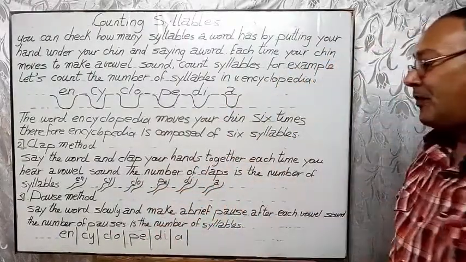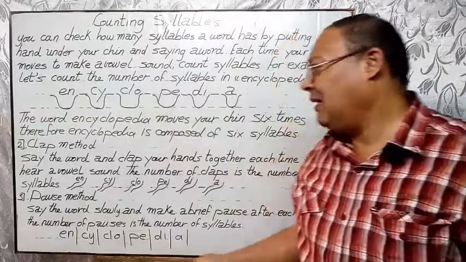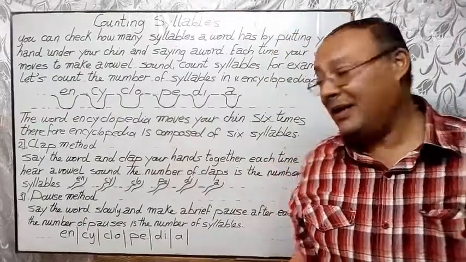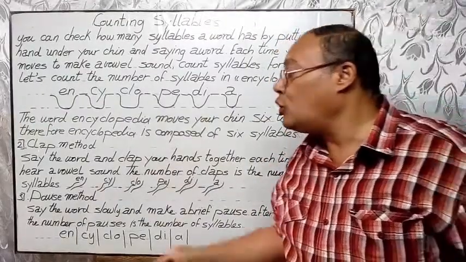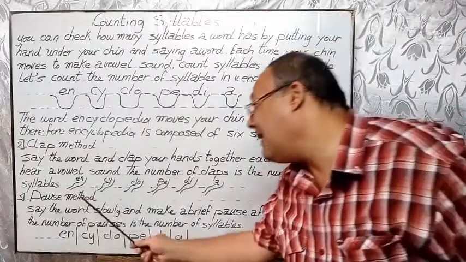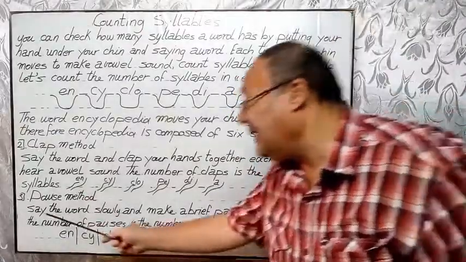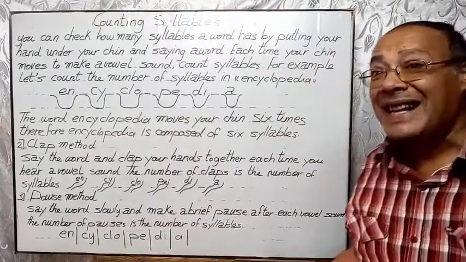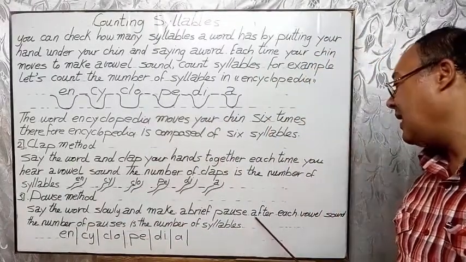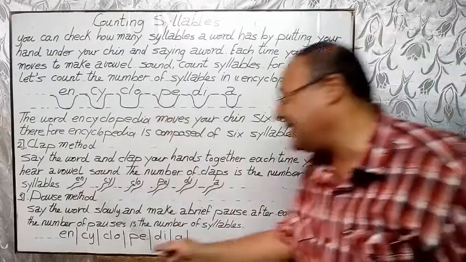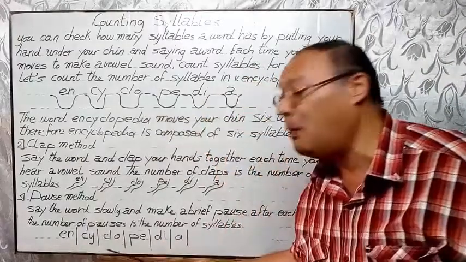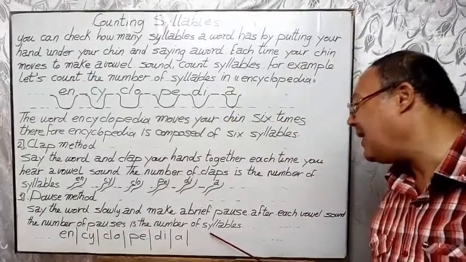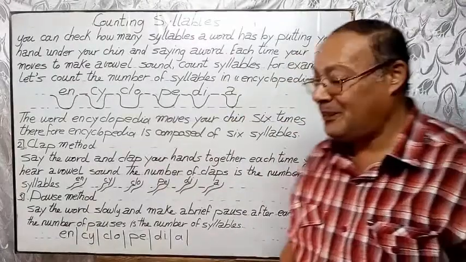We have one more method, which is called the pause method. Say the word slowly and make a brief pause after each vowel sound. The number of pauses is the number of syllables.